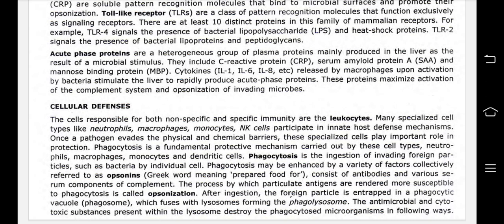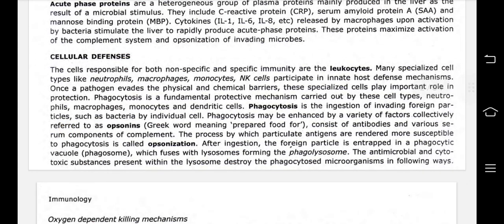Cytokines IL-1, IL-6, IL-8, etc. released by macrophages upon activation by bacteria stimulate the liver to rapidly produce acute phase proteins. These proteins maximize activation of the complement system and opsonization of the invading microbes.